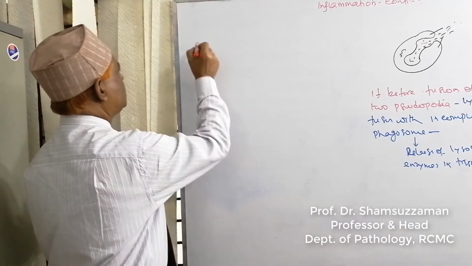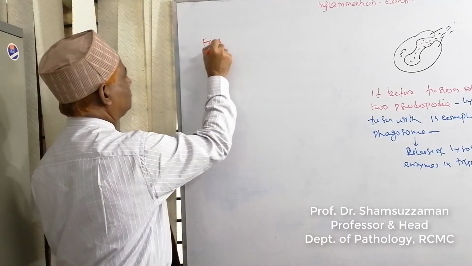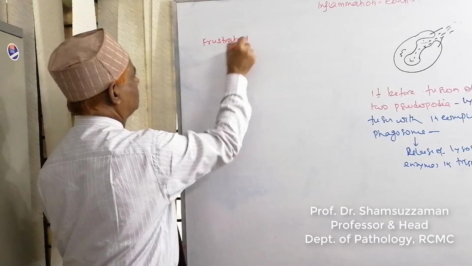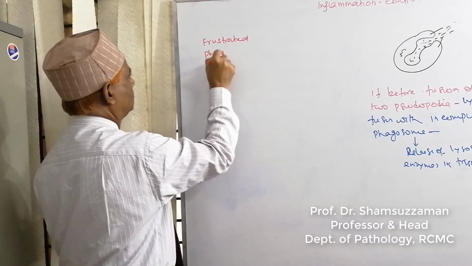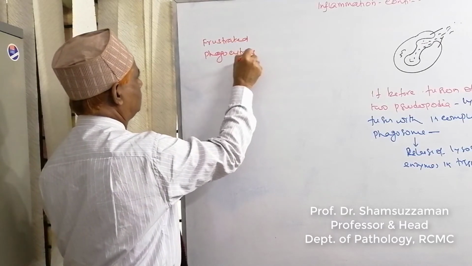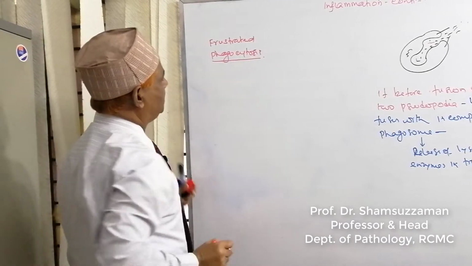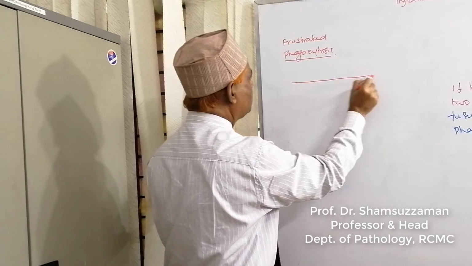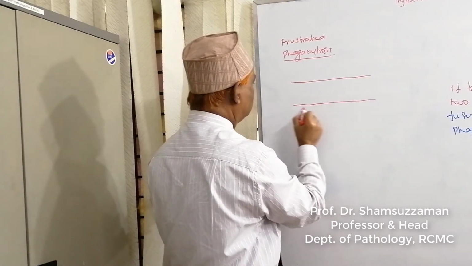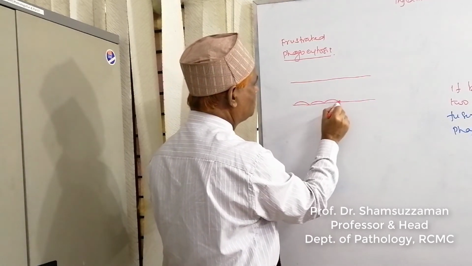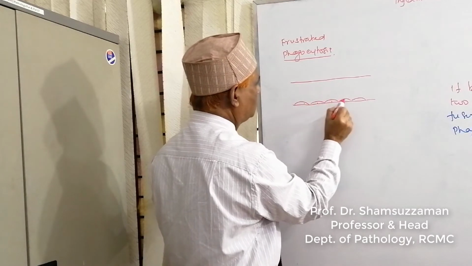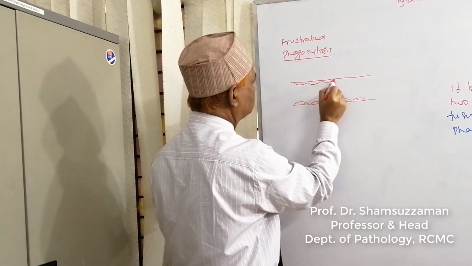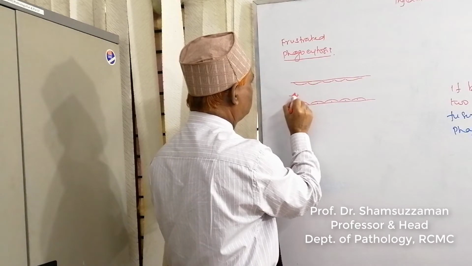Number 2, frustrated phagocytosis. What do you mean by it? Dear audience, in this blood vessel, the endothelial lining is very smooth, and blood flows like this.